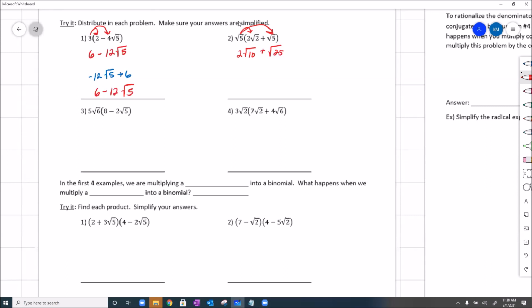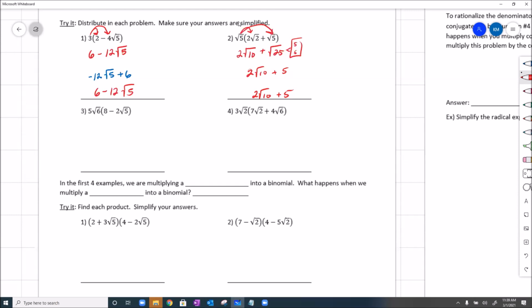Okay, which will simplify. Radical 25 breaks down to 5 and 5. So we have a pair of 5. So 2 radical 10 plus 5. And that's our answer. Okay, they're not like terms, so we can't add them any further or simplify it any further.